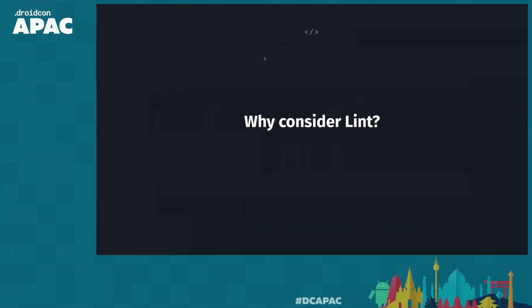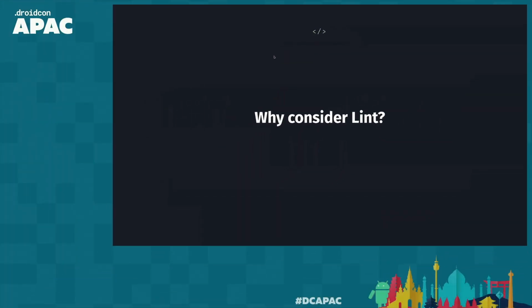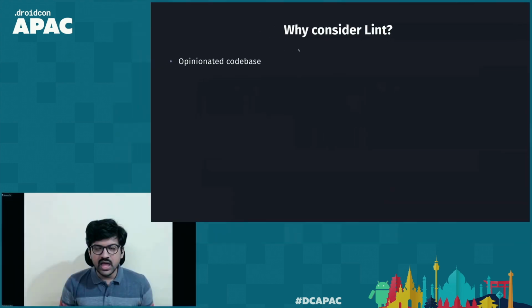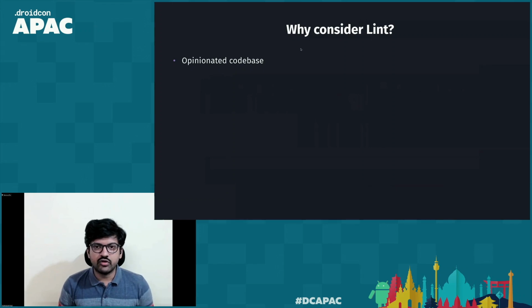Now, why should you consider lint or writing custom lint rules for your project? First would be having an opinionated code base. As we start working in a team, we tend to form certain opinions on how certain code should be, for example, opening up curly braces on the same line or going to the next line, or it could be more complex scenarios as well.